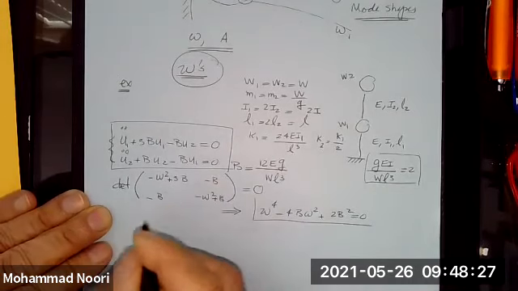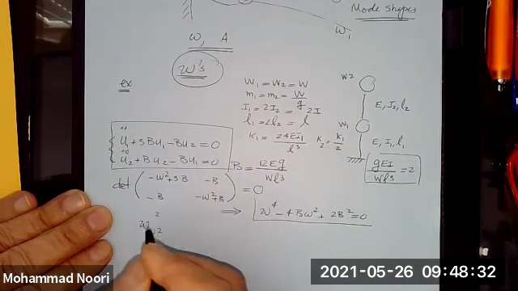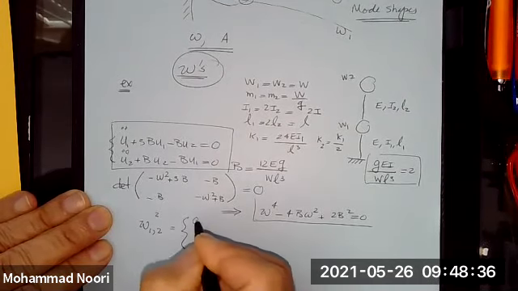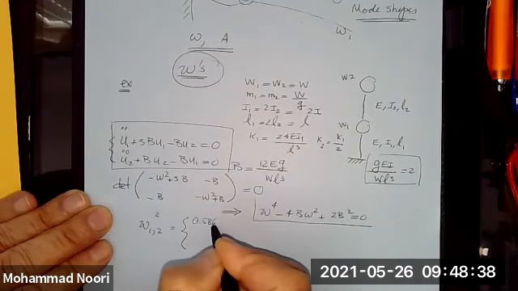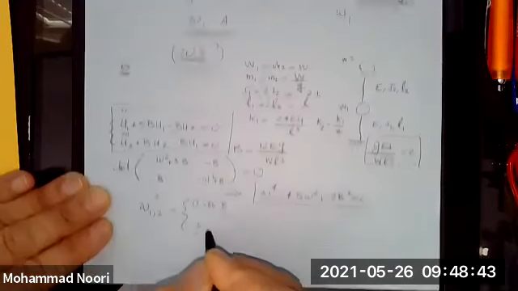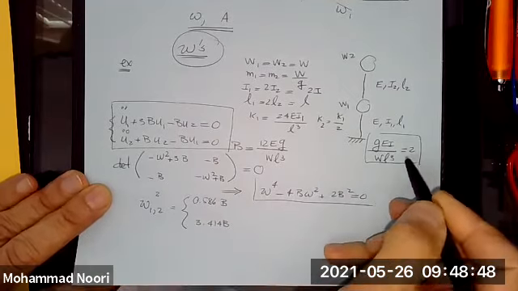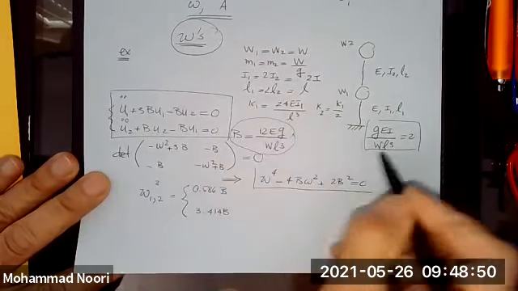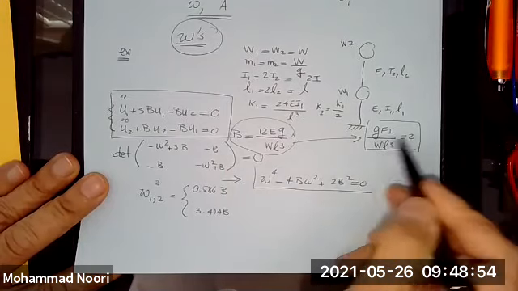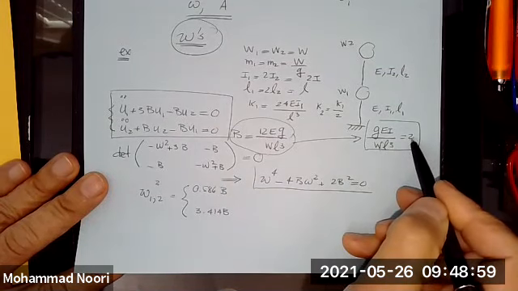If you solve for omega 1 and omega 2 squared, you get these values, 0.586 B and 3.414 B. Substitute for B, given the assumption that I've given, g EI over W L cubed is 2.